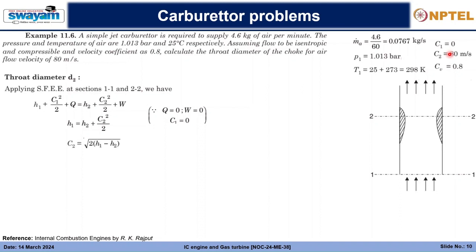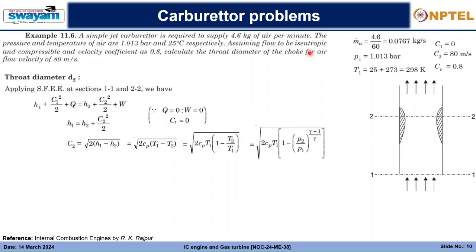Then we solve for C2, the velocity at point 2: C2 equals root over 2 times (h1 minus h2), where h is the enthalpy, and we can directly convert it to Cp into T. Cp is the specific heat at constant pressure. We need T2 by T1, and since the flow is isentropic, we can use the thermodynamic relationships to convert it into pressures.